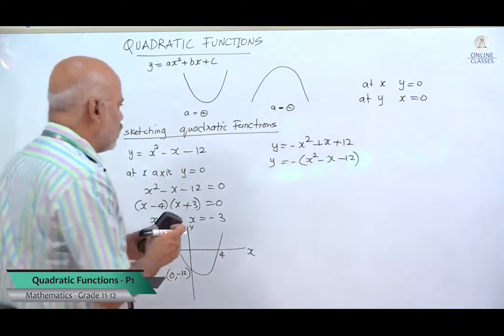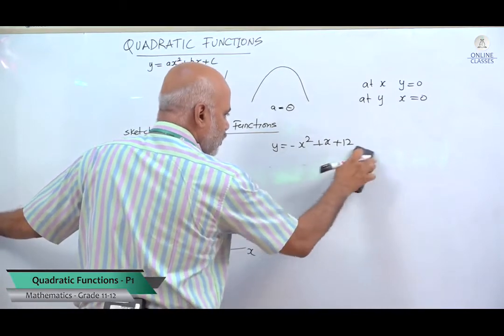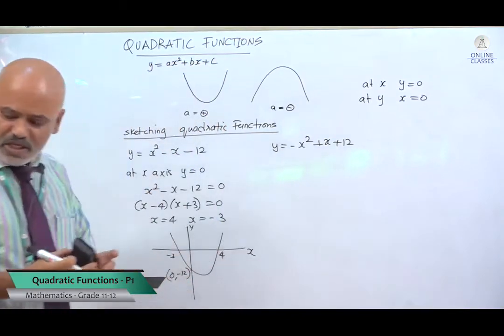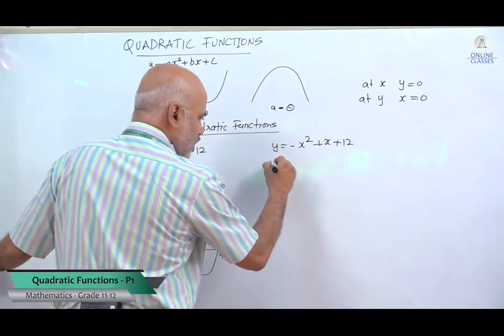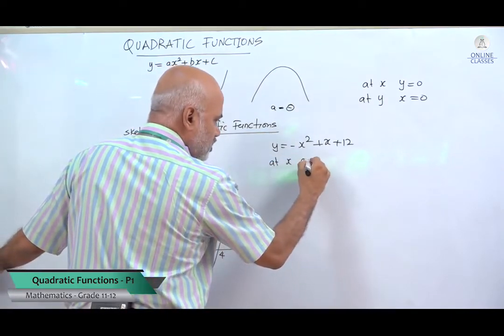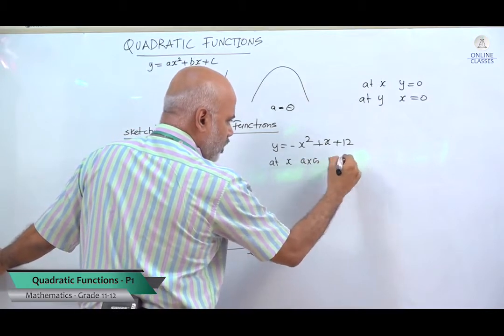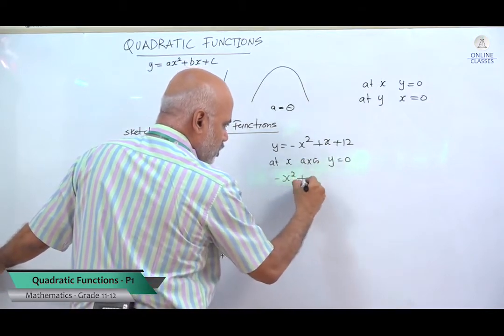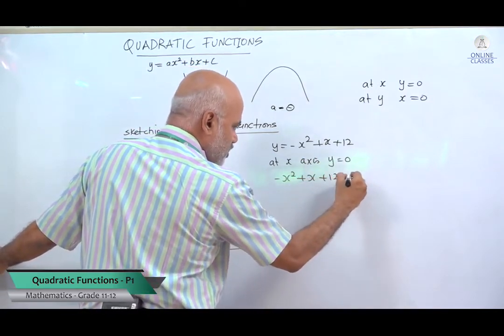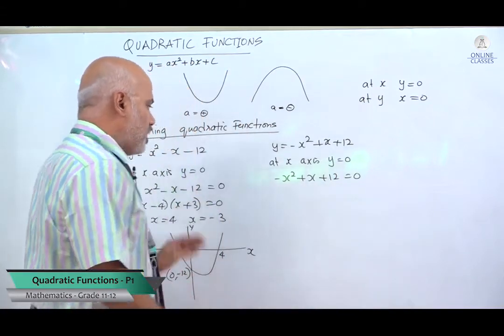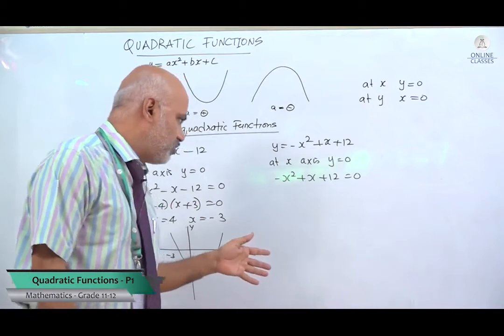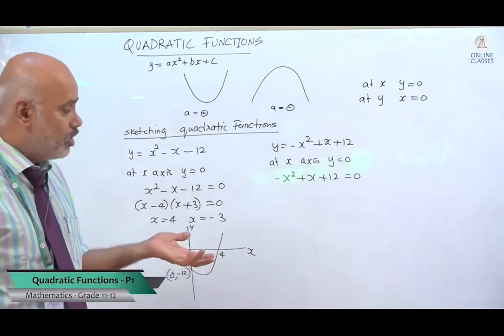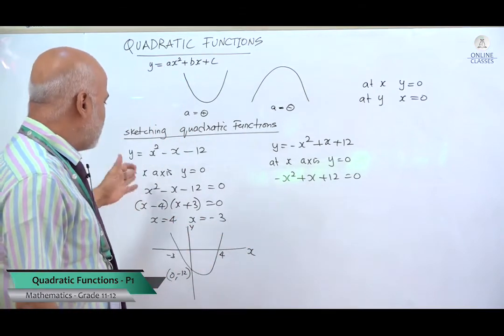So how do I do this part? What is the first step we did? At the x-axis, y is equal to 0. So you can write, at the x-axis, y is equal to 0: minus x square plus x plus 12 is equal to 0. Remember, to solve a quadratic equation, it is better to have a plus x square.